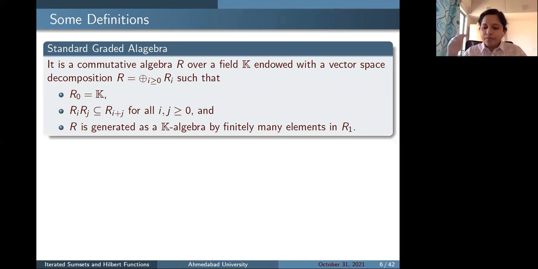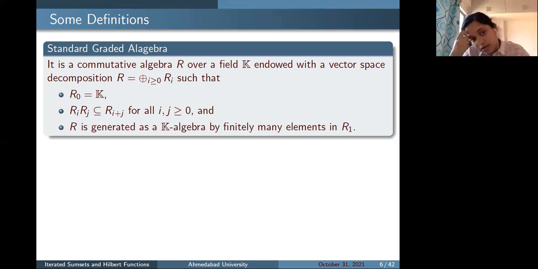Before going into that construction, let me define a few things. First of all, let me introduce the standard graded algebra. Suppose I have a commutative algebra R over the field K. Then a standard graded algebra is a decomposition of R into R_i's, where it should satisfy three conditions.